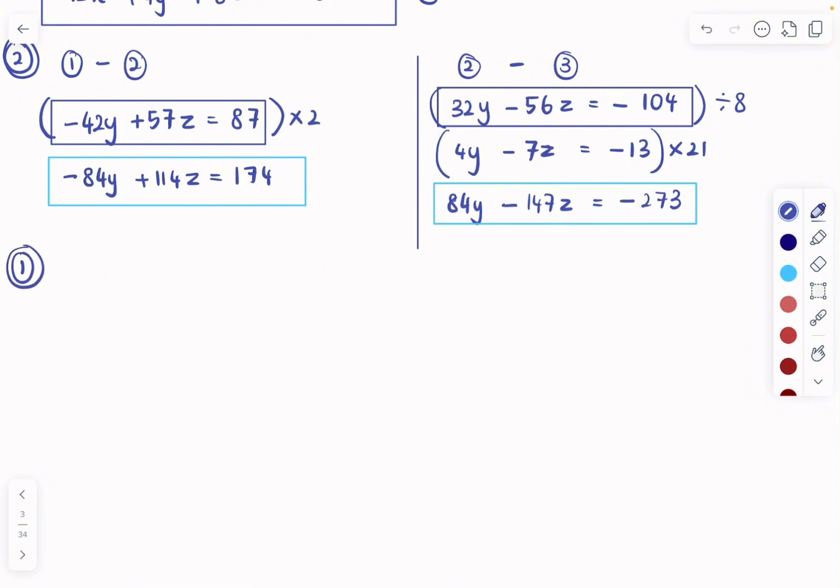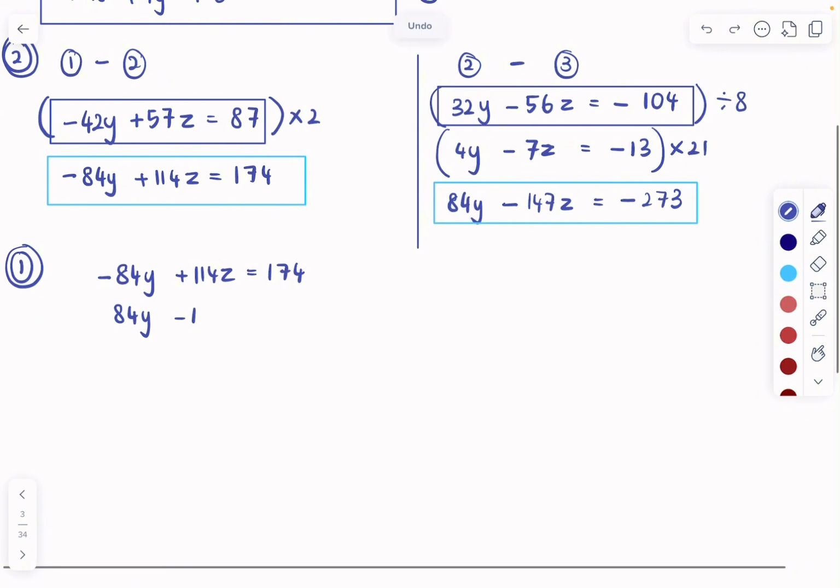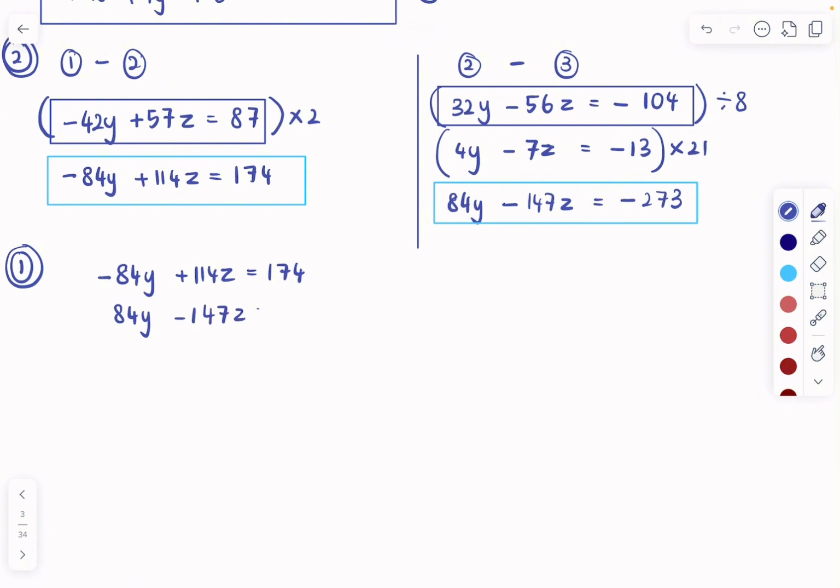Alright, so here we can eliminate the y. How to eliminate negative 84 and 84? Okay, let's write first. Negative 84y plus 114z, and then 84y minus 147z, negative 273.